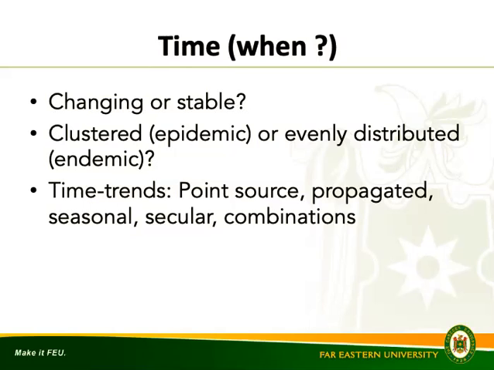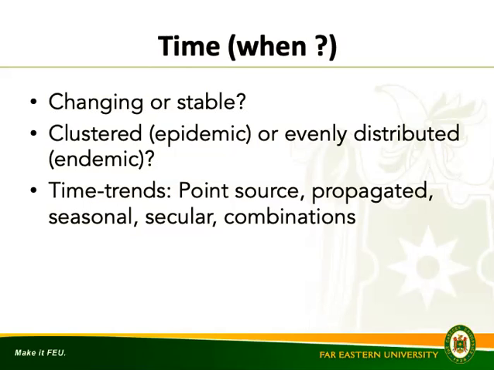These are, number one, point source epidemic or common source epidemic. Common source or point source epidemic is usually characterized by simultaneous exposure of a large number of susceptibles to a common infectious agent, while a propagated epidemic is caused by person-to-person transmission of the disease agent. Okay?